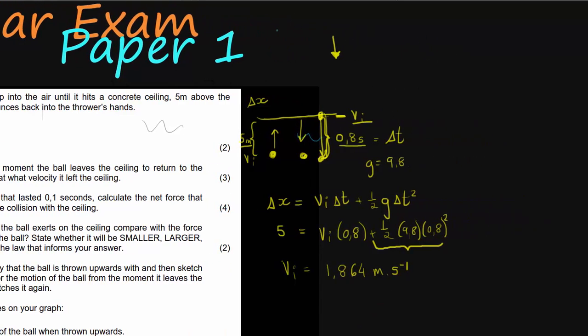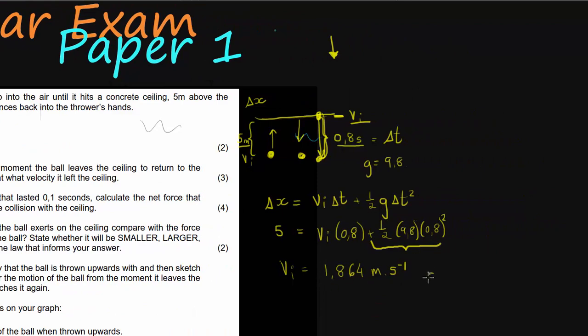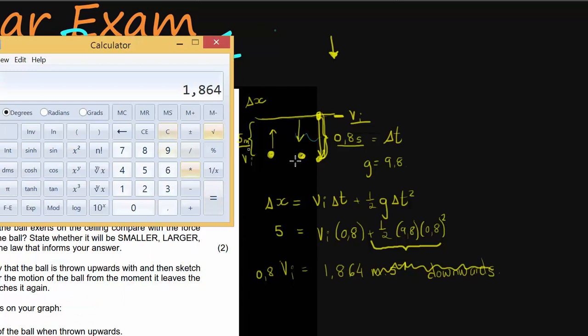It's a positive answer, so it's downwards. Oh wait, I made a mistake, I'm not finished yet. Sorry, I forgot to divide by 0.8.